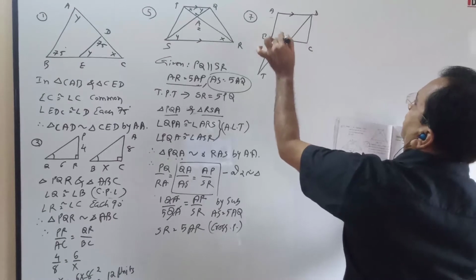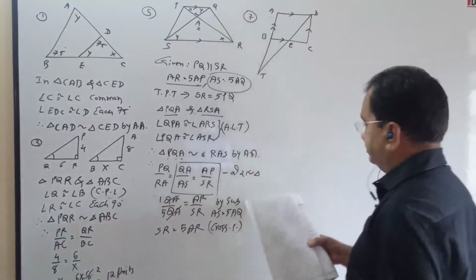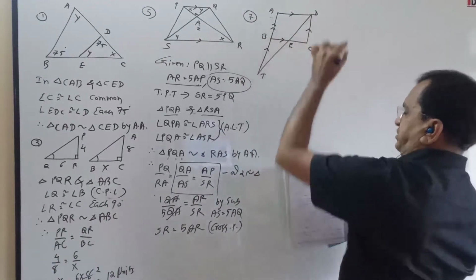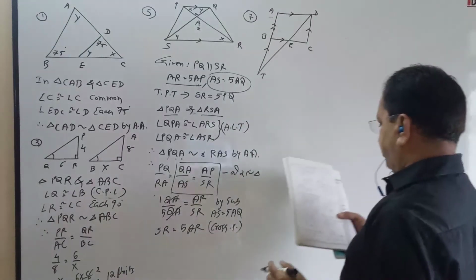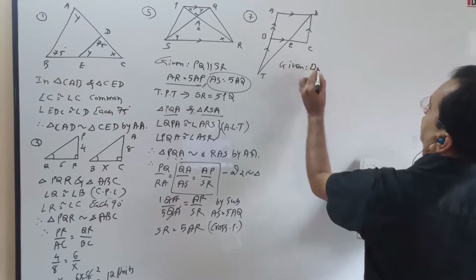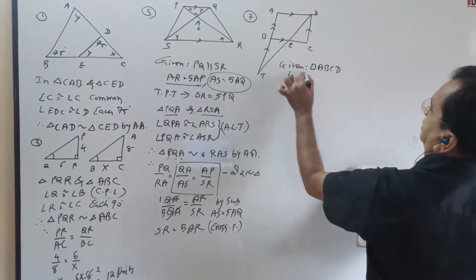This is parallel. This is parallel because it is a parallelogram and it is a straight line. So you can see Z. What is given, what we have to prove? ABCD is a parallelogram.